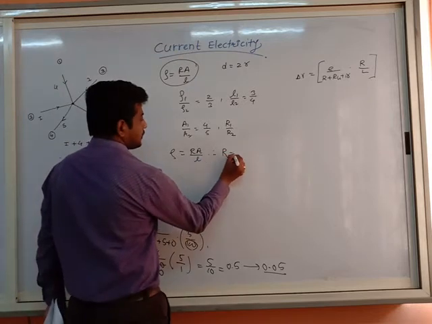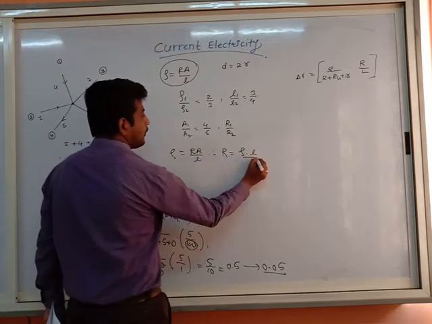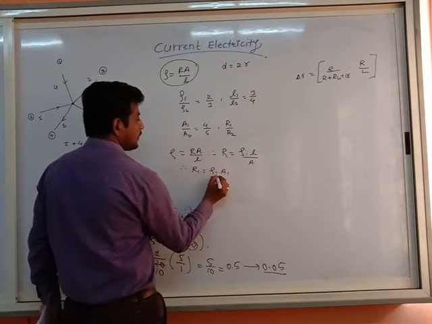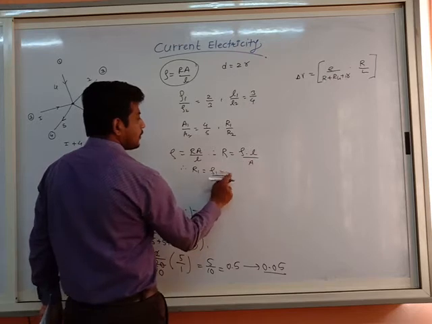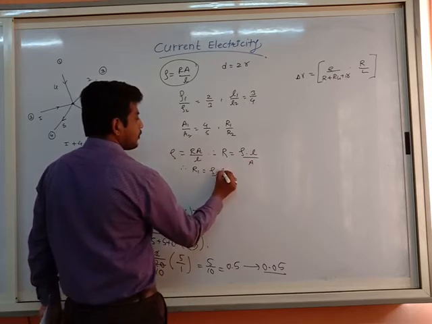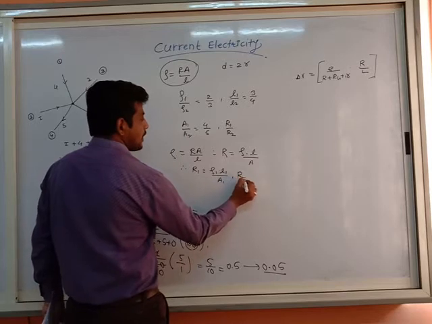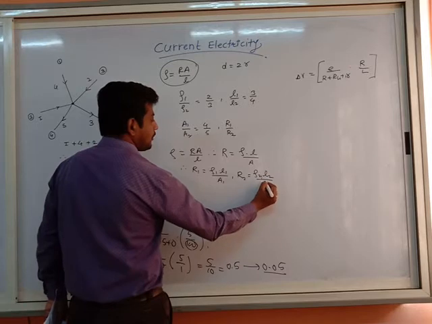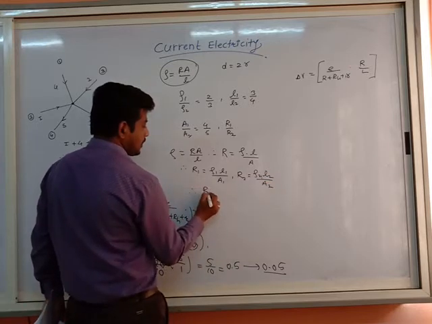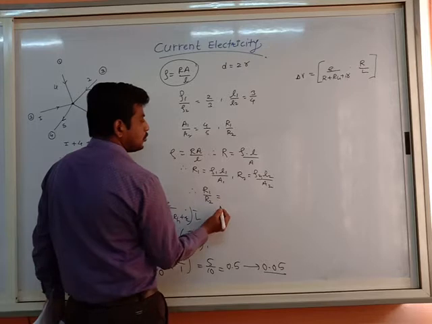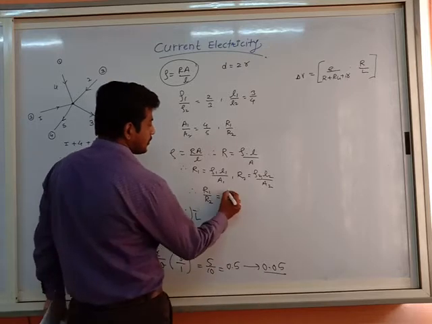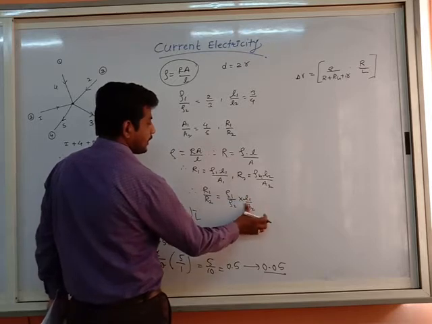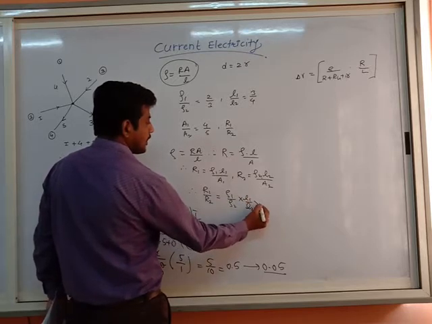Therefore R is equal to rho L upon A. R1 is equal to rho1 L1 upon A1. R2 is rho2 L2 upon A2. Therefore R1 upon R2 काय येणार आहे? ρ1/ρ2 येणार ना, L1/L2 येणार ना, आणि एरिया कसा होणार आहे?